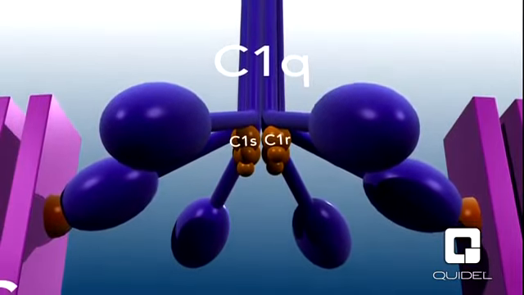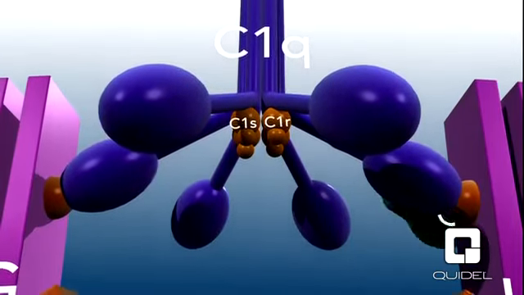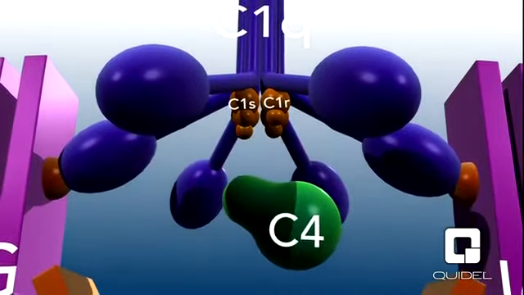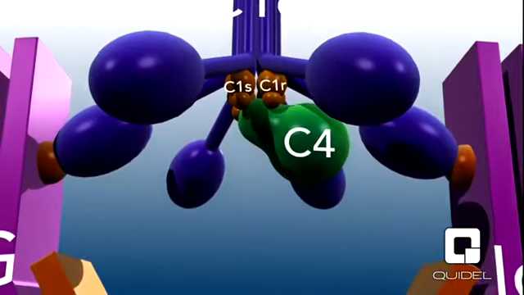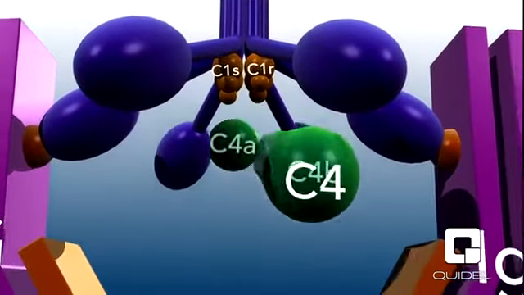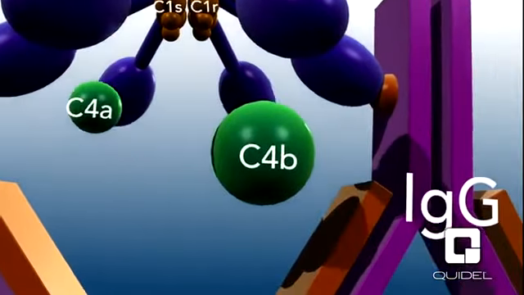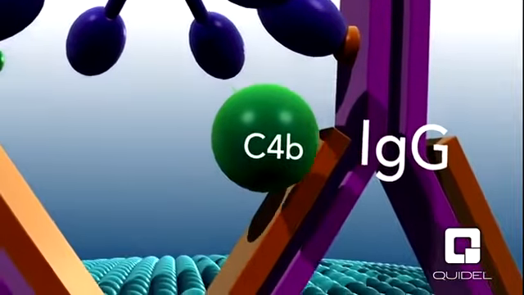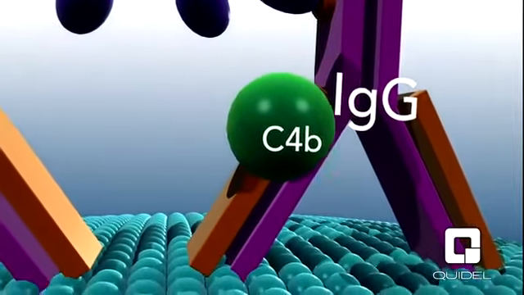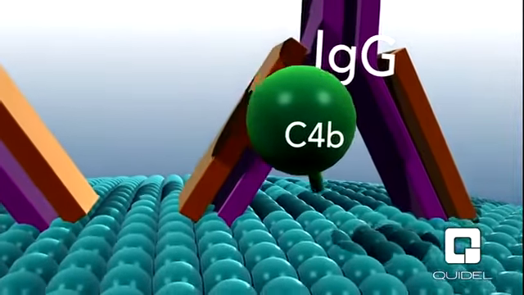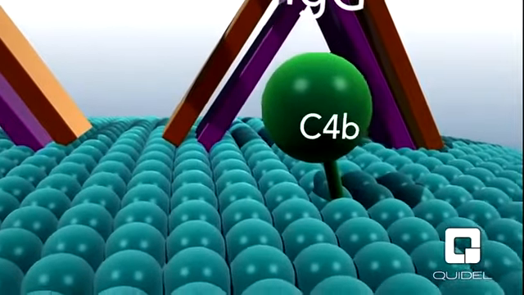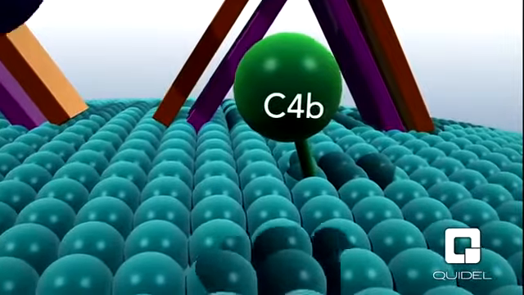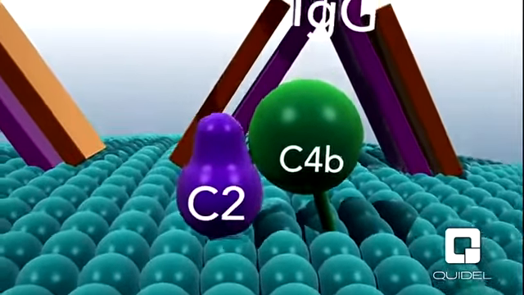The next step in the activation of the classical pathway is the cleavage of C4 by the activated C1 molecule. C4 is cleaved by the activated C1s molecule in C1 into two proteolytic fragments, a small peptide called C4a and a larger fragment, C4b. C4b attaches covalently to the antigen-antibody complex and has a binding site for C2, the next protein cleaved in the classical pathway.